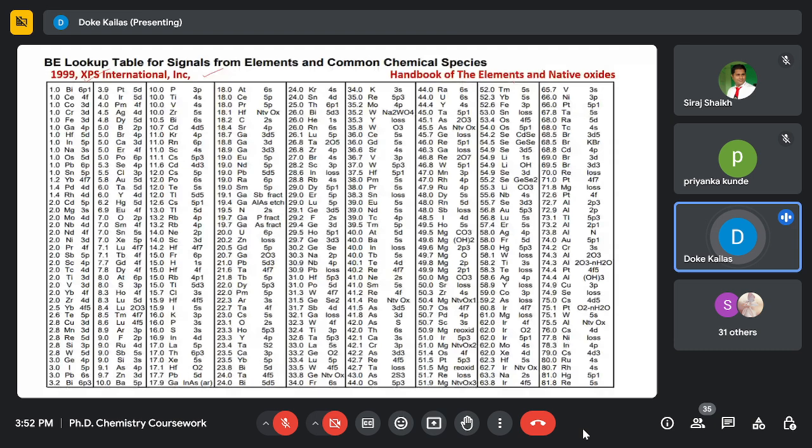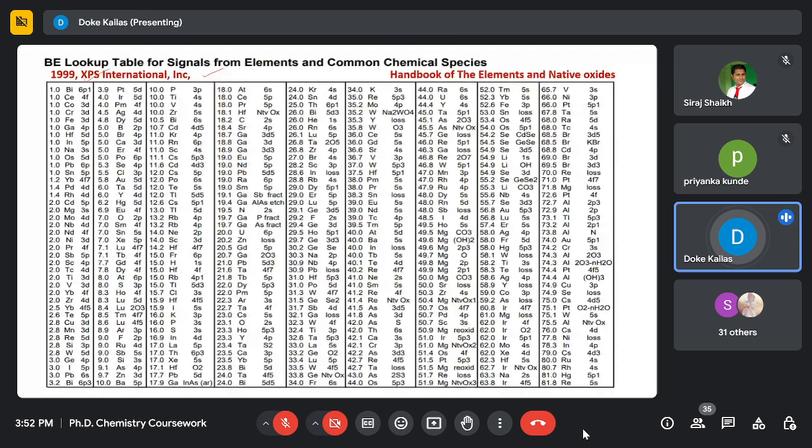In the latest technology, the XPS instrument has this data already for each sample. So just like XRD indexing, we can do the indexing directly by comparing the binding energy of an unknown sample with the binding energy of a known sample. It starts with 1 electron volt, and all these are the chemical elements present in the periodic table, the known chemical elements. The second page starts with 82 electron volts and ends with 275 electron volts.